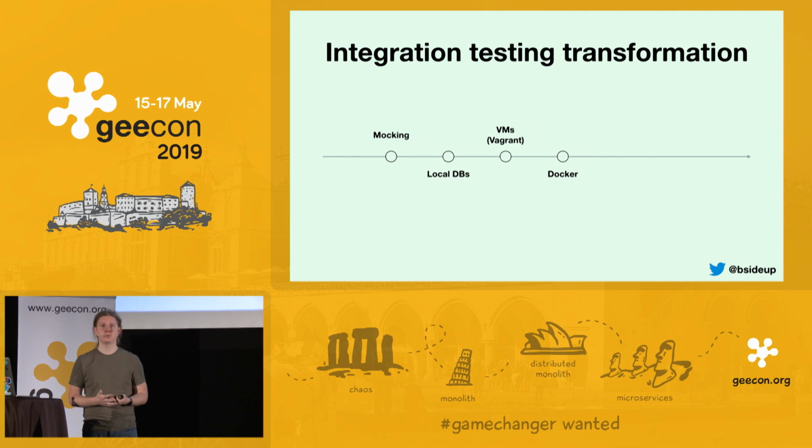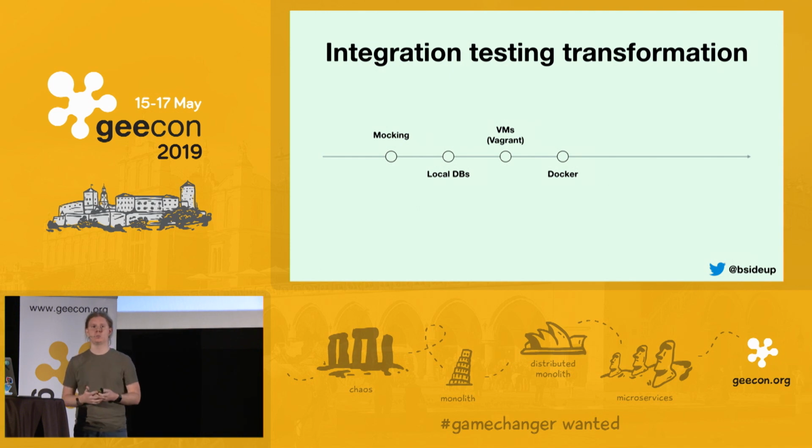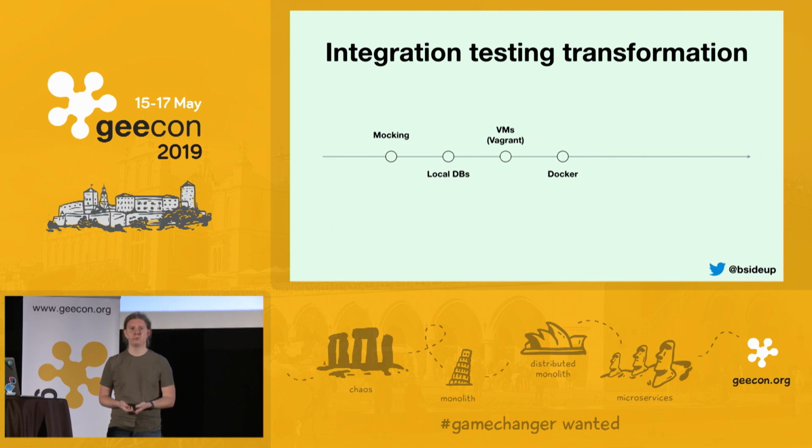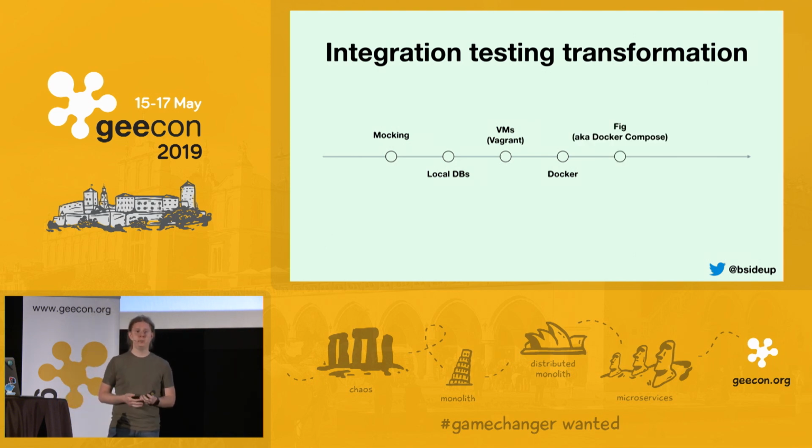And it's much faster. And some people say that Docker is about the containers, and the innovation was in the containers. But the containers existed before Docker. What didn't exist is great tooling around containers. And what Docker really changed is it introduced great tooling to manage your containers. This is why Fig appeared, to have the same experience as with Vagrant.